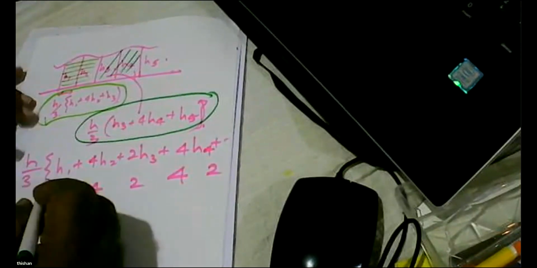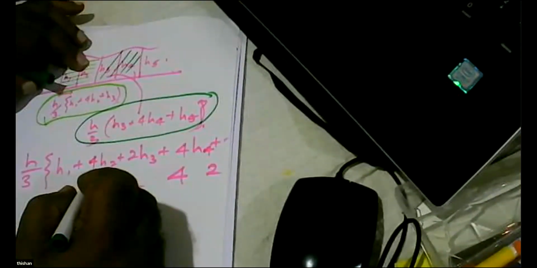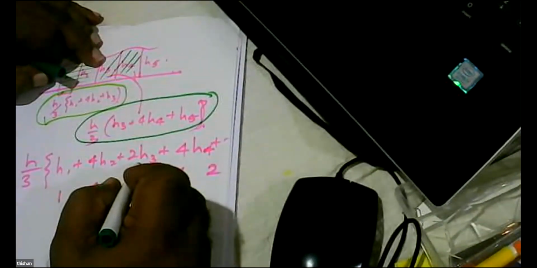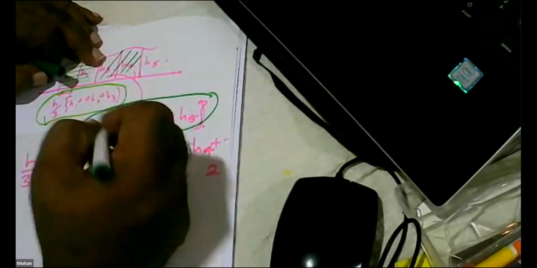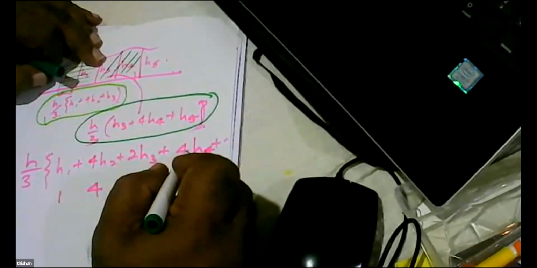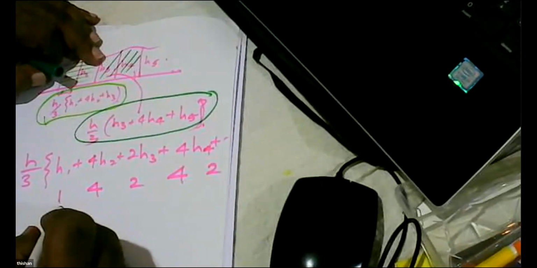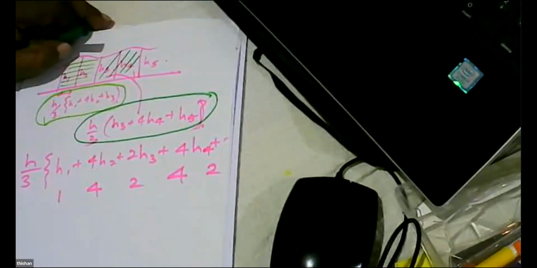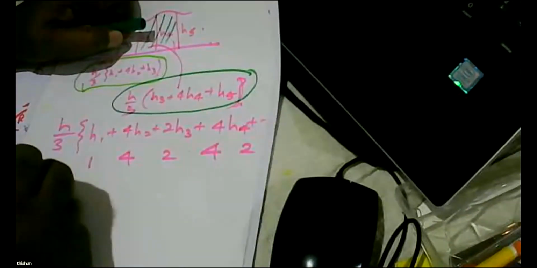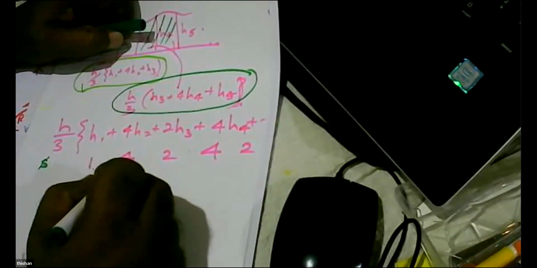So the total area is H by 3 times H1 plus 4 times H2 plus 2 times H3. Here you can see H3 and H3, 2 times H3, plus 4 times H4. So you get this Simpson rule coefficient. We call it S, varying as 1, 4, 2, 4, 2, and so on. So we are using Simpson rule to find the area.